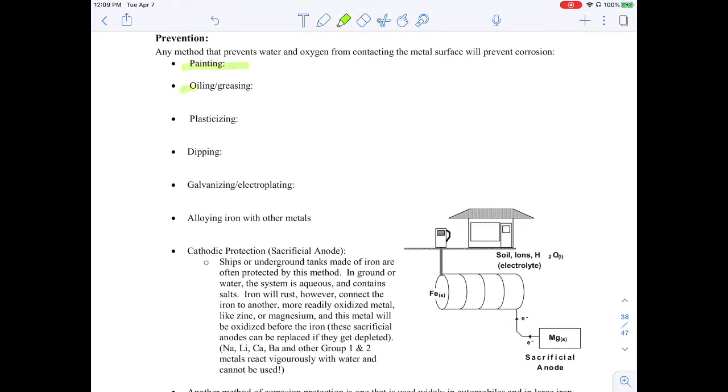Well, that brings us to a few of our simplest techniques for preventing corrosion: painting, greasing, or oiling, plasticizing, dipping, galvanizing, or alloying. These are ways to reduce the reaction. Specifically, when we look at these examples, these all create a physical barrier.